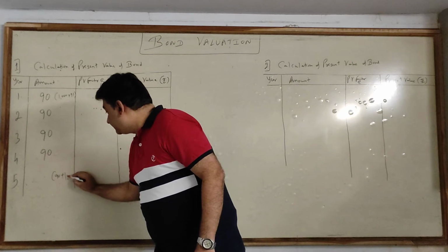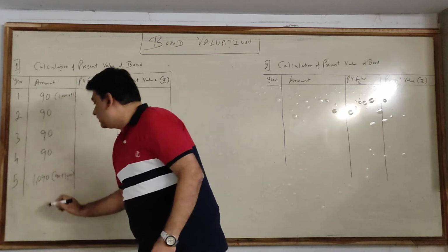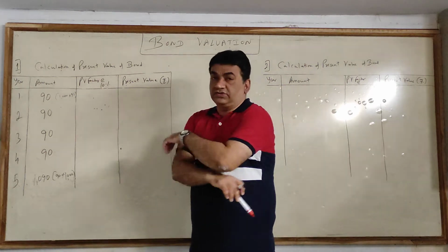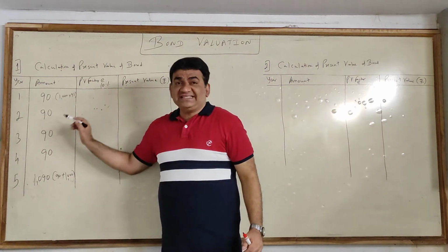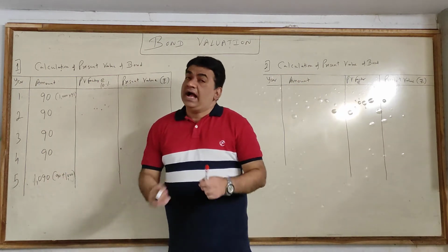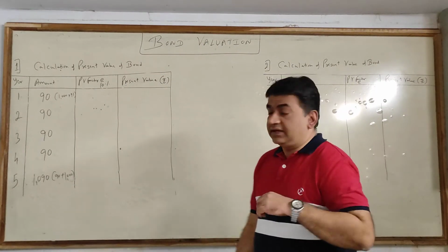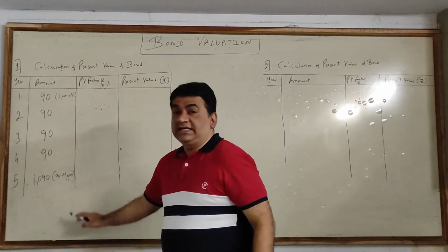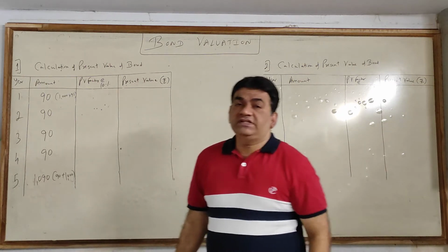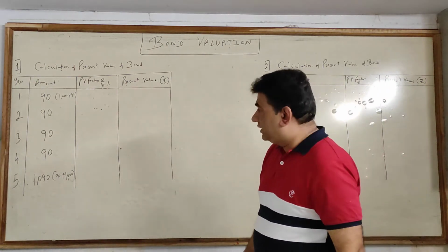So in the 5th year, I will get a total of 1090. First, second, third, fourth year, 90 rupees each. 5th year, 90 along with the amount I invested, and they have told you it matures at par, so you are going to get 1000 rupees. If it was premium, then this 1000 would have been something extra, which we will see after a few sums. Got it? So this is what will come in the column of amount.